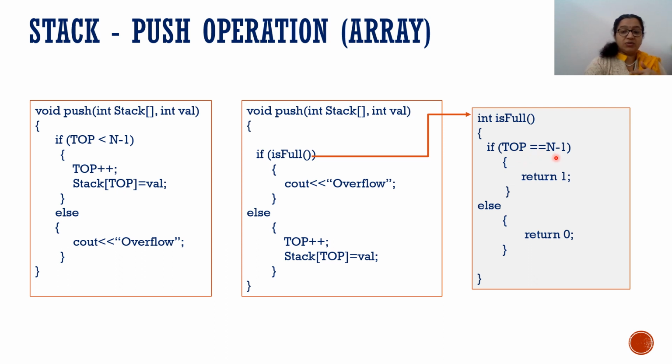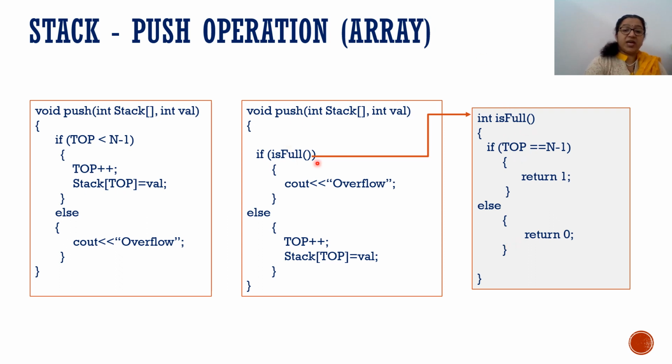If top is equal to 7, return 1. That means it is full. It is true. So return 1. Else return 0. So if isFull returns 1, that means it is true. So we can print that message as overflow. So this is isFull function.